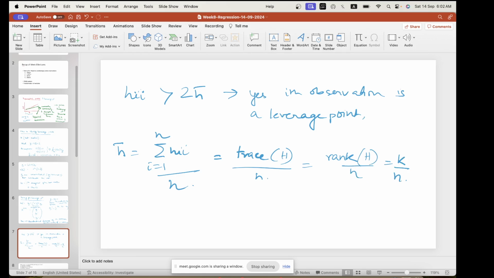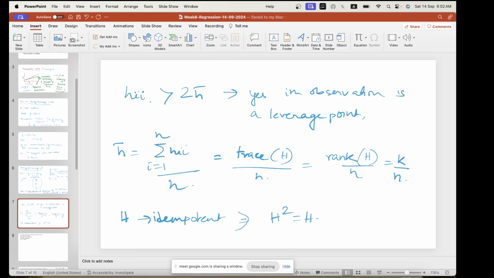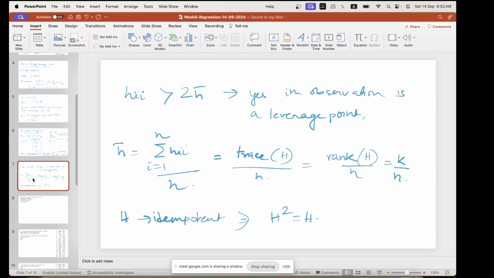Alright, because it's a full rank matrix. We have to remember h is idempotent, which implies that h square equals h. So if we find any ith observation with the associated HII greater than 2h bar, then we can say yes, the ith observation is a leverage point.